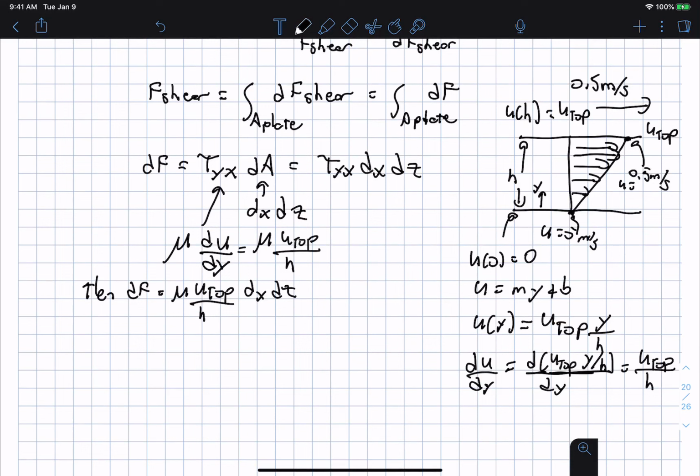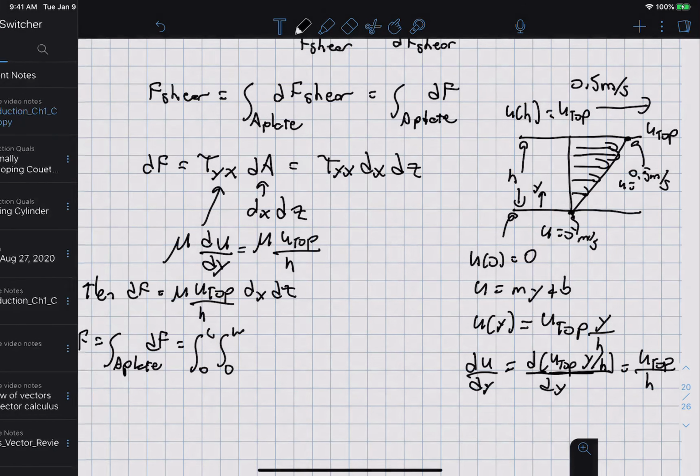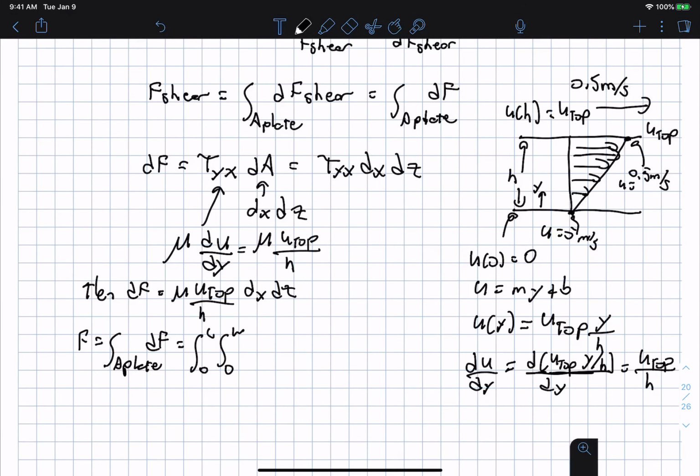So F equals the integral over the plate area of dF. That equals the integral from 0 to L times the integral from 0 to W of the differential force, mu times u_top over h, dz dx.